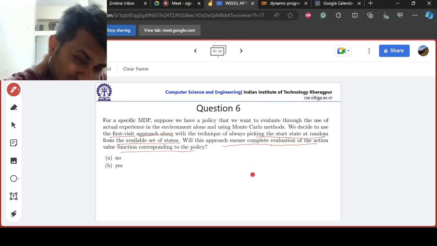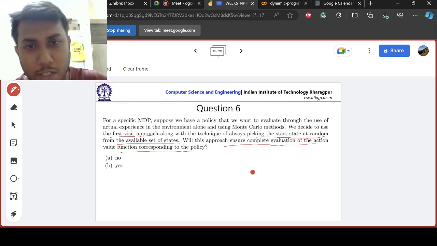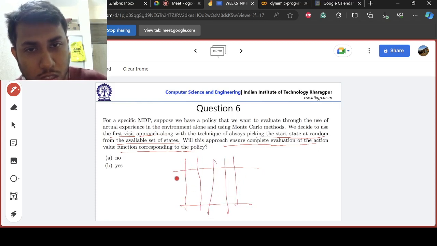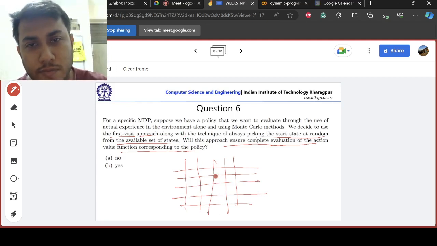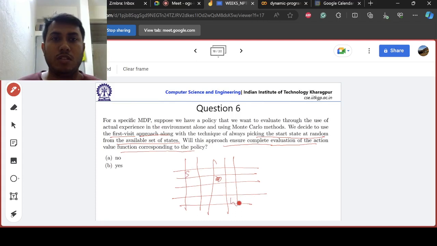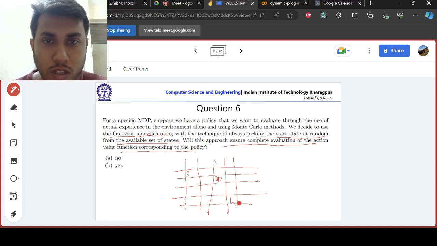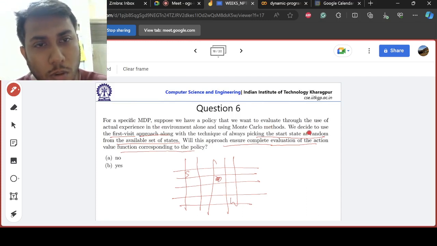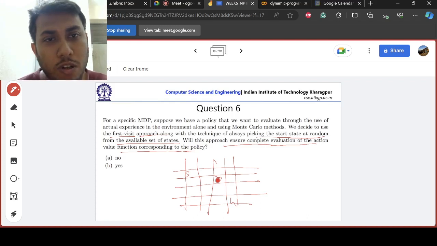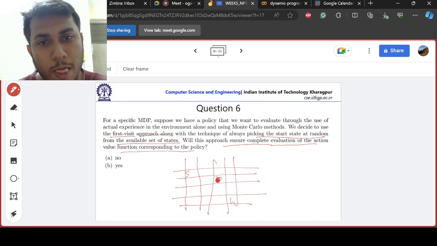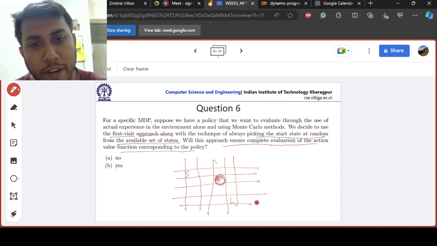So coming back to the Monte Carlo theory, take the frozen lake problem I was showing. Suppose you sample this state. This is your start state and this is your goal state. If you are starting at a random available state and then start to calculate the Monte Carlo, it is not possible that you will always get a complete evaluation, because maybe from this state it never reaches the goal state.